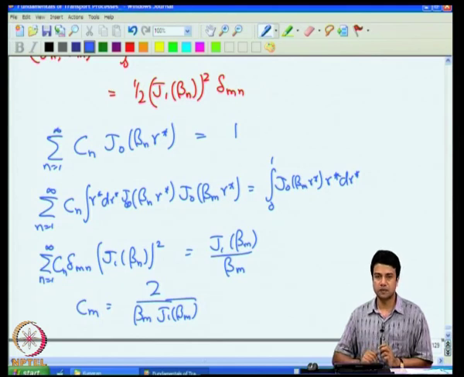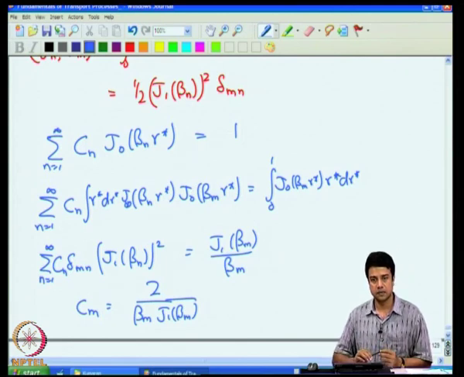I have to define the inner product based upon the integral of r star times dr star, because that is equivalent to an area integral in cylindrical coordinates. Except for that, I can use exactly the same procedure to solve this heat conduction problem in a cylindrical coordinate system as well.